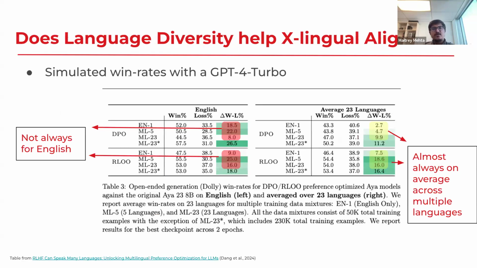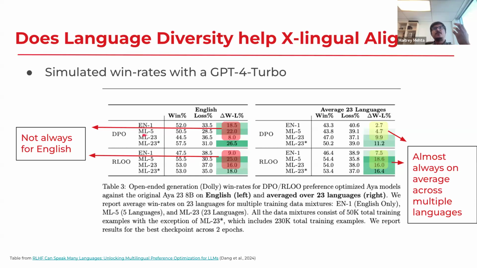So the first question you can ask is, if there are more languages in the preference tuning mixture, does it work better, right? So in the table on the left, the first row is using just English data. The second row is using 5 languages, same amount of preference tuning data, but 5 different languages.